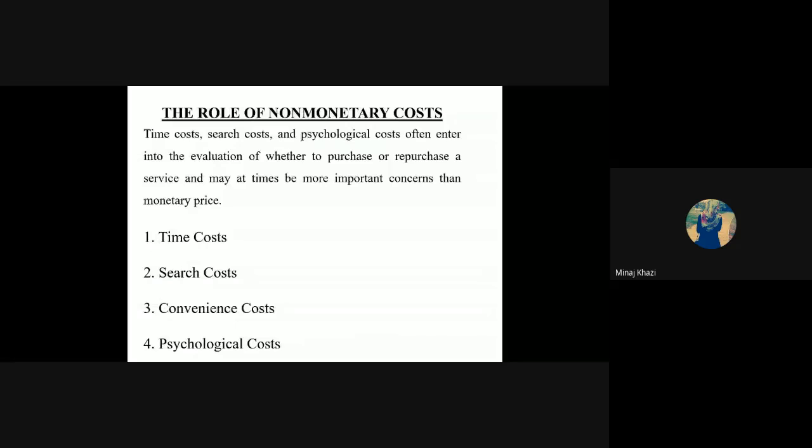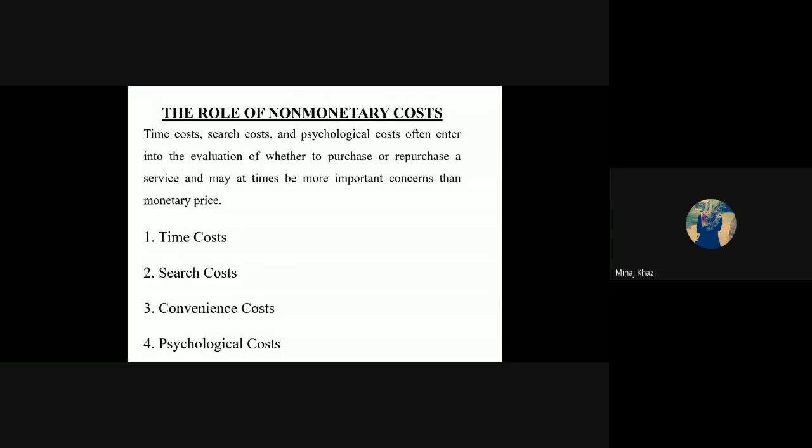If the service provider says sir can you come at 1 o'clock in the afternoon or 7 o'clock in the evening, and the customer is busy, he says I am not available, can you give me a different time? Or the customer will ask, are you free at this particular time, or will you be able to provide the service at this particular time when the customer is available? So that is convenience cost.